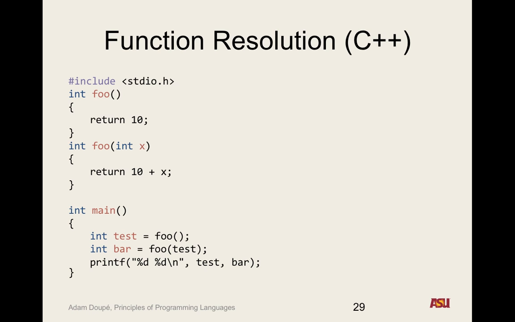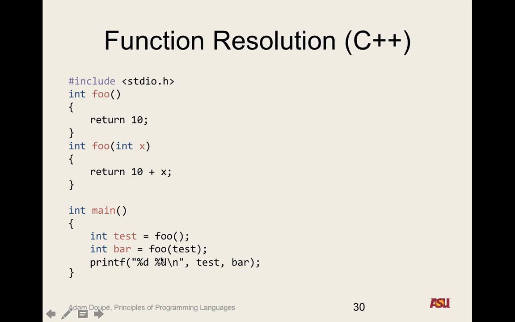Because it takes in a parameter. Right, just by looking at this, without even thinking about the types for a second, I can look at this second function called foo, and I can see the name is foo, and they're passing in one argument, one parameter. So that's enough in this case to disambiguate, but I also know the types of the variables. The type of this variable test is an integer, so I know the name is foo and its first parameter is int, and I can see that yes, there's a declaration of foo where it has one parameter whose type is an int. So I know that this foo maps to that function called foo.